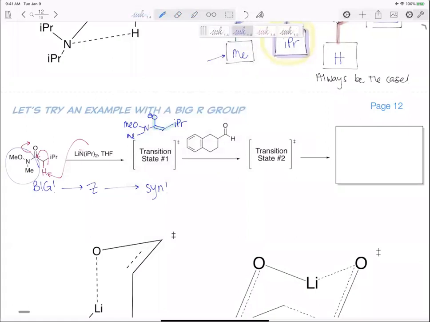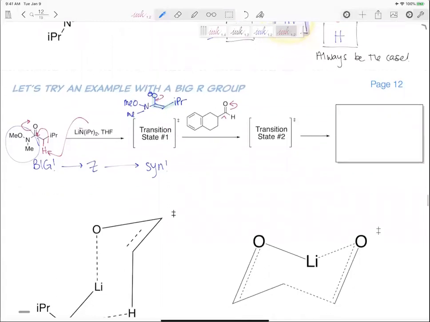And what we have now is our aldehyde. So let me collapse the lone pair down to make the alkene a good nucleophile and form the reaction with the aldehyde, right?